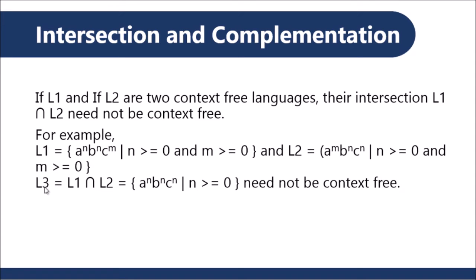Language 3 is equal to L1 intersect L2, which is a^n b^n c^n, where n is greater than or equal to 0, and need not be context-free.